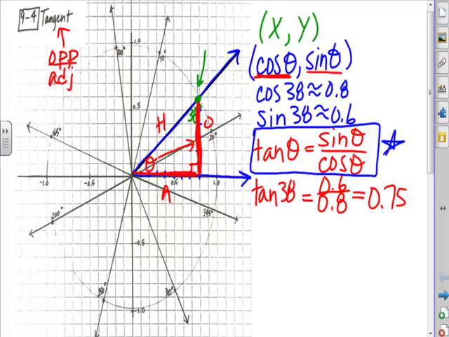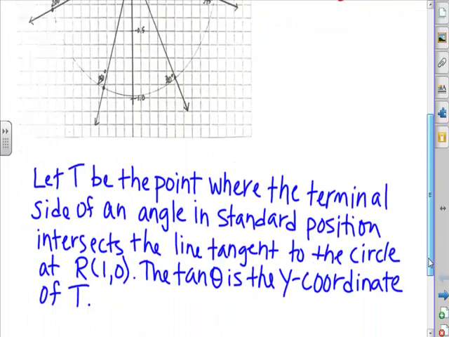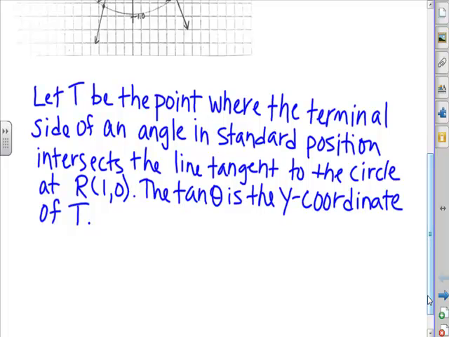So I'm going to read some wild and crazy words, and then I'm going to try to get you to see what they mean. So it says here, let T be the point where the terminal side, so remember, our initial side is always that positive x-axis side, and the terminal side is wherever this angle goes.